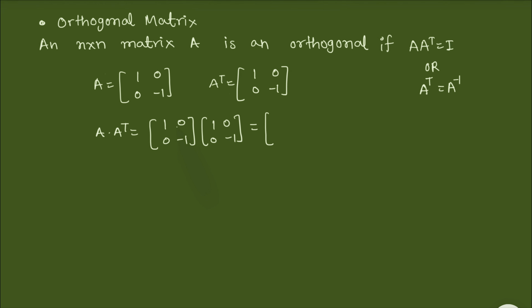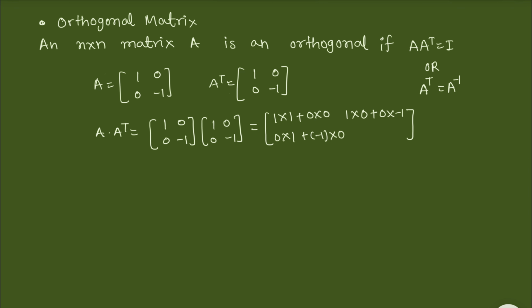Now multiply first row in A to first column in A transpose, which is 1 into 1 plus 0 into 0. Now first row of A to second column of A transpose, which is 1 into 0 plus 0 into minus 1. Now multiply second row to first column, which is 0 into 1 plus minus 1 into 0.